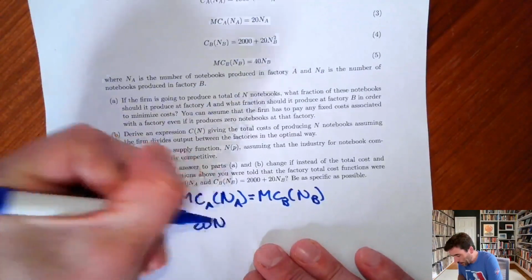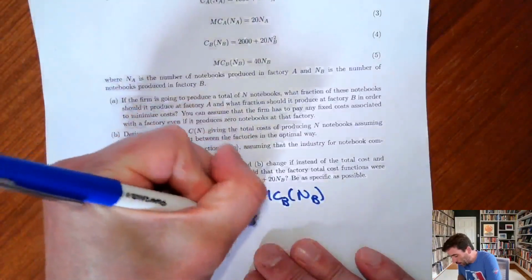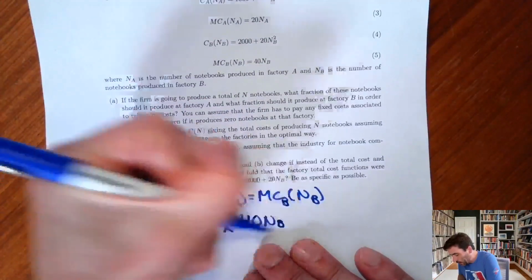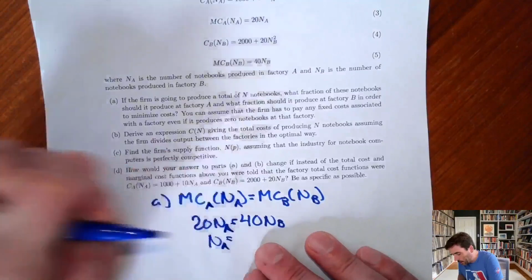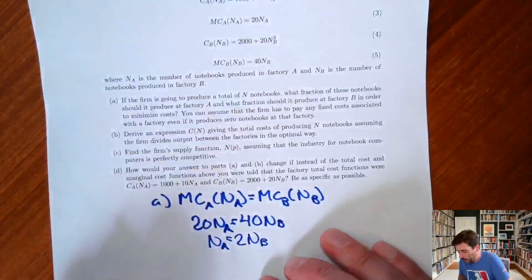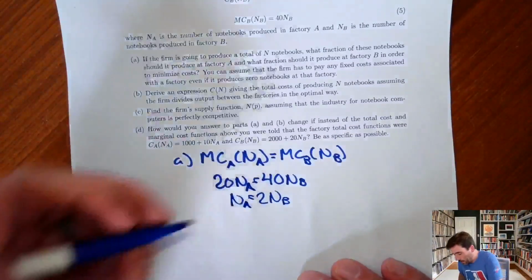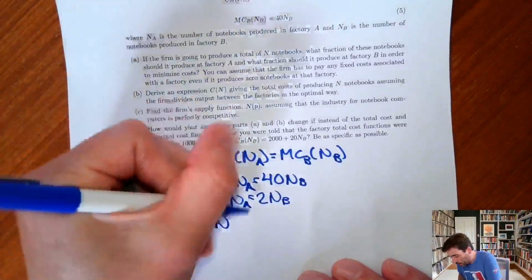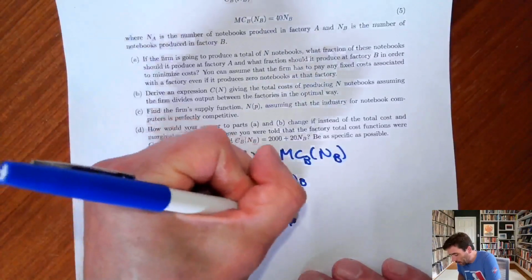So 20 NA is going to be equal to 40 NB, and so NA is just going to be equal to 2 NB in this case. We want these things in terms of total N, so our total N is NA plus NB.